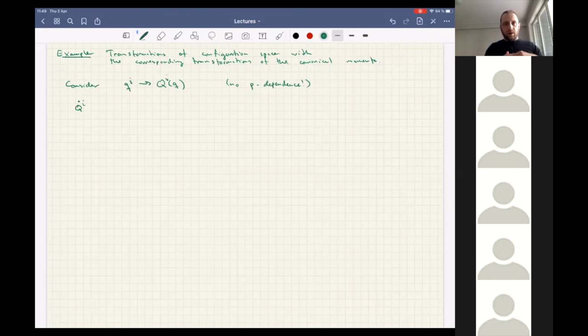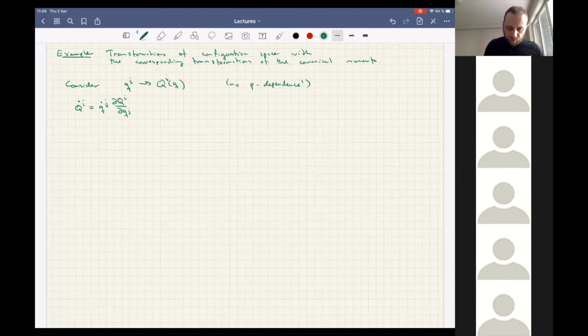I can just take the chain rule here and say that this is equal to q dot j times the partial derivative of Q i with respect to q j. This is just from applying the chain rule, taking the time derivative of capital Q i essentially.